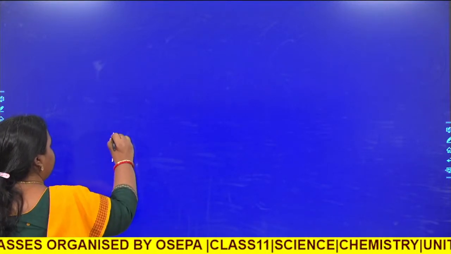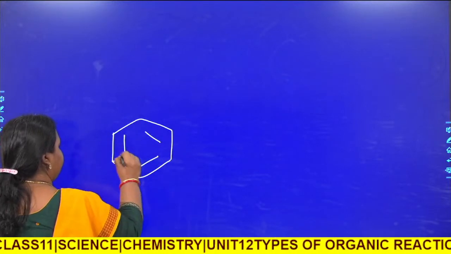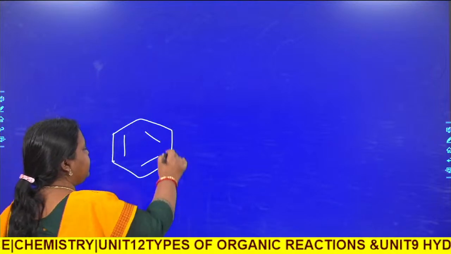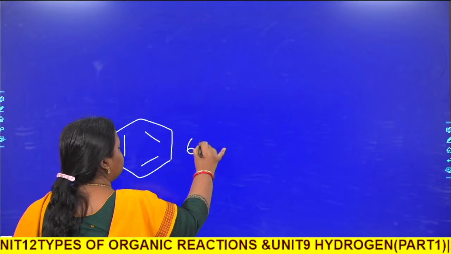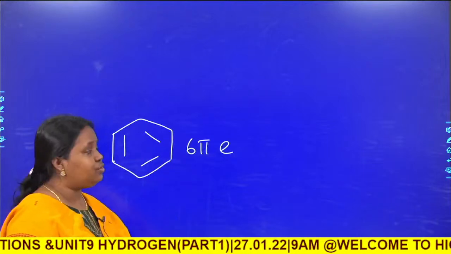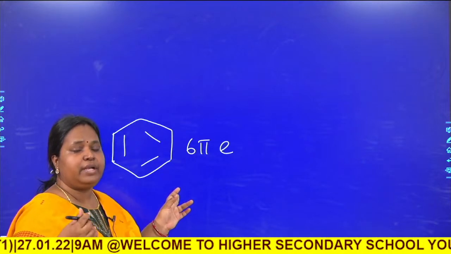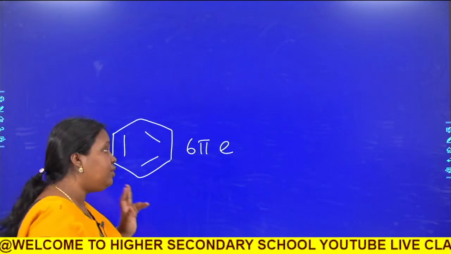See, benzene has 6 pi electrons. So whether it is an electron rich system or deficient in electrons, it is an electron rich system.